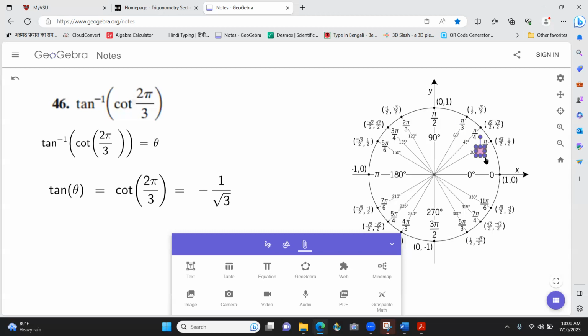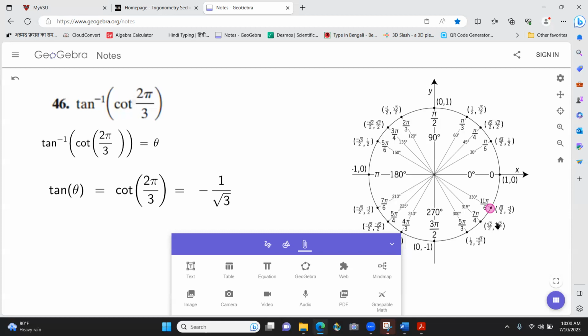Once again, on the right-hand side, I'm asking for what angle theta would make tan theta negative 1 over square root of 3. Again, tan is sine over cosine. So I'm going to say it has to be this one. Look, negative half, which is sine, over cosine, which is square root of 3 over 2. If you cancel the 2's, you'll get negative 1 over square root of 3.